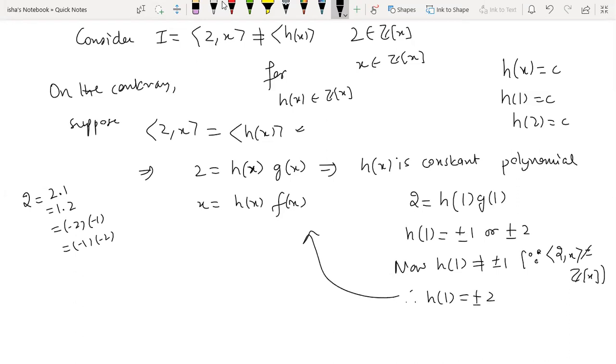So if you substitute this here, h(1) is plus minus 2 means h(x) is plus minus 2, because h is constant. So this will give you x is plus minus 2 times f(x). Now how is it possible? Again, x is plus minus 2 times f(x). Is that possible for some polynomial f(x) belonging to Z[x]?